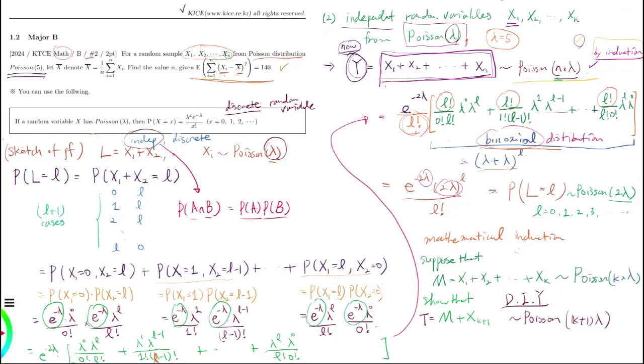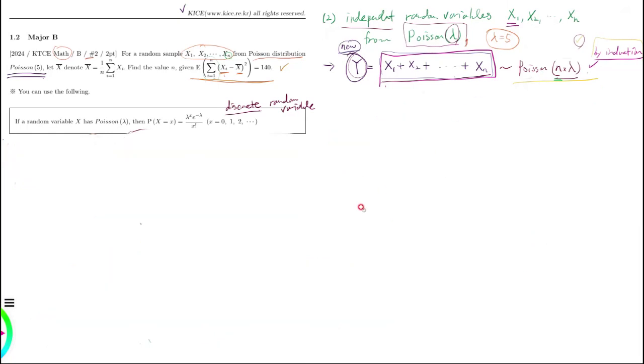Anyhow, let me wrap up this problem. For this problem, life gets easier if you know the sample variance is an unbiased estimator. So its expectation value is the same as the population variance, which is lambda in this case.